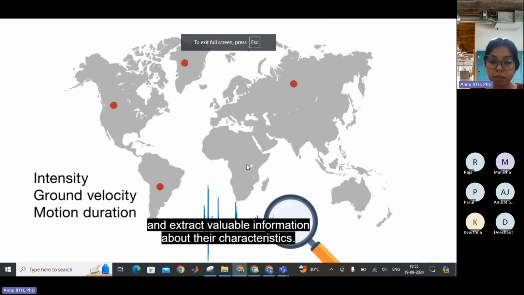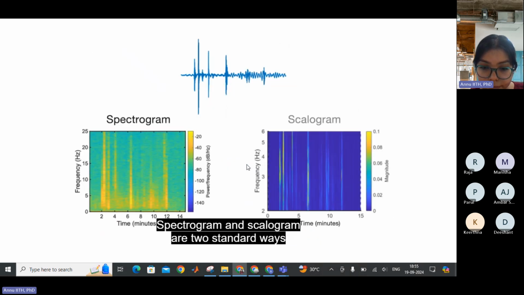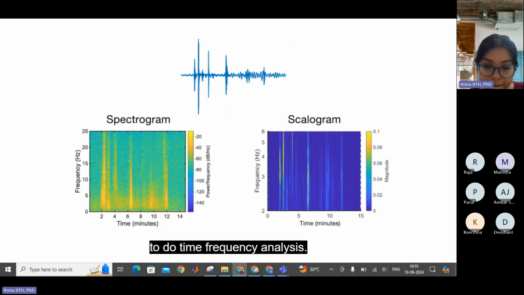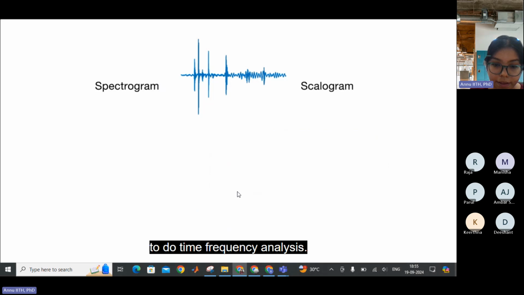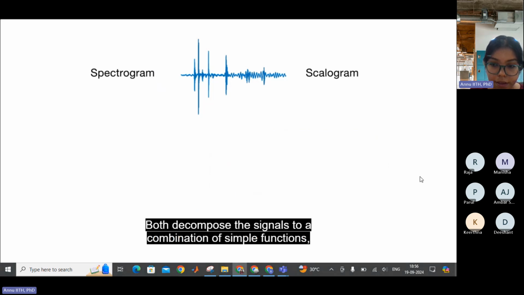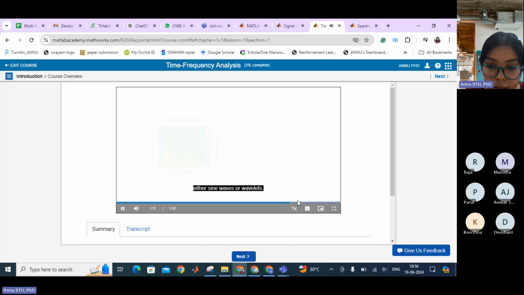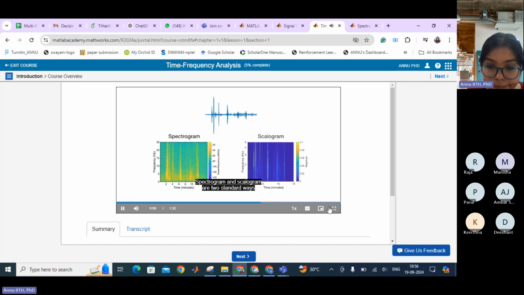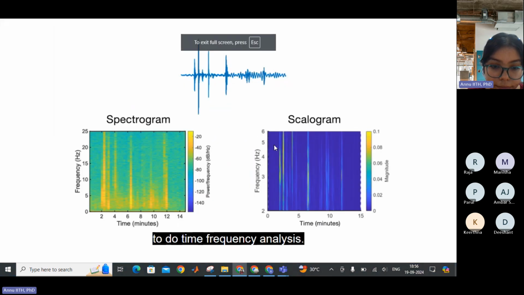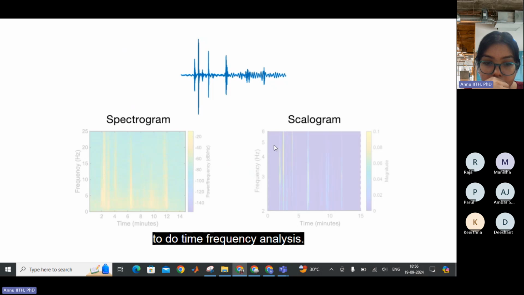Spectrogram and scalegram are two standard ways to do time frequency analysis.